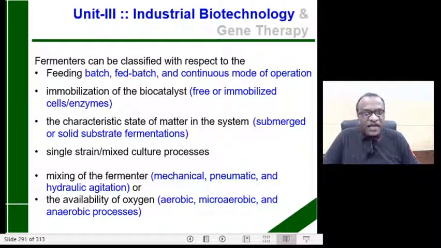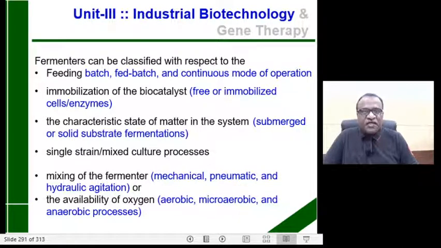Number three, the characteristic state of matter in the system, that is submerged or solid substrate fermentations. Number four, single strain or mixed culture process. Number five, mixing of the fermenter, that is mechanical, pneumatic, and hydraulic agitation. And number six, the availability of oxygen. It can be aerobic, microaerobic, and anaerobic process.